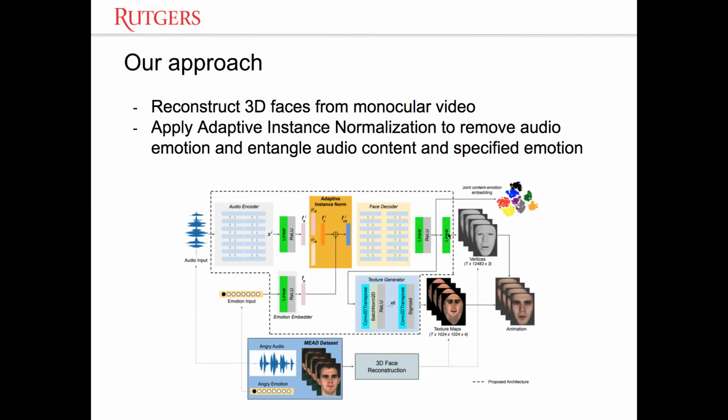After that, we use a linear layer to generate vertices, which is 12,000 times 3 dimensional. And from the joint content-emotion embedding, we use a 2D convolution-based texture generator to generate textures. From the vertices and textures, we combine them in a 3D game engine to create the final animation.